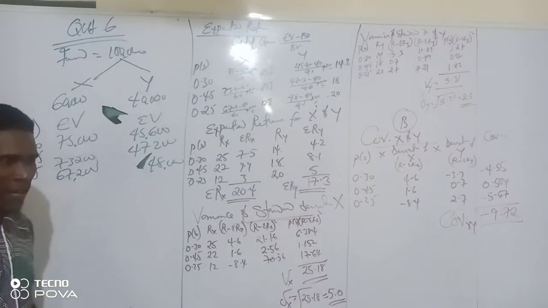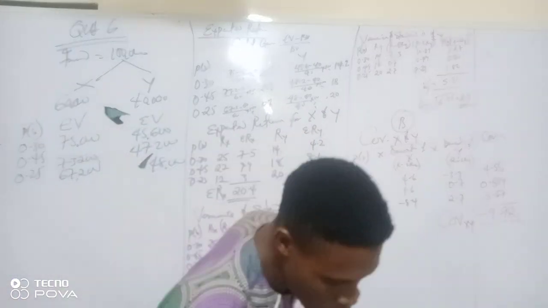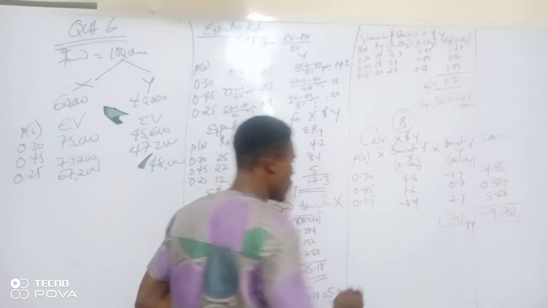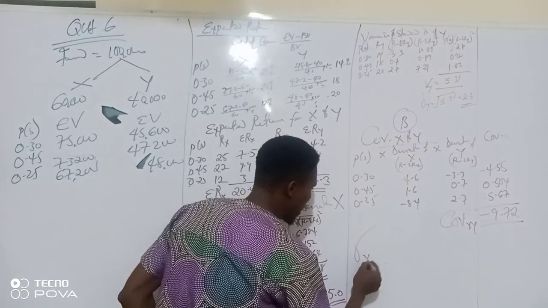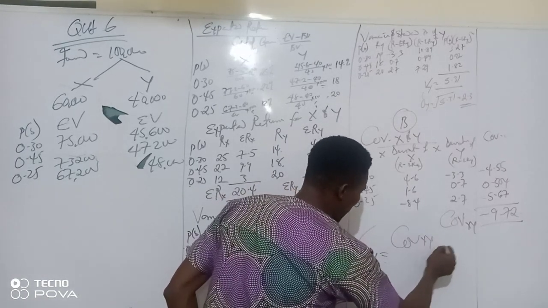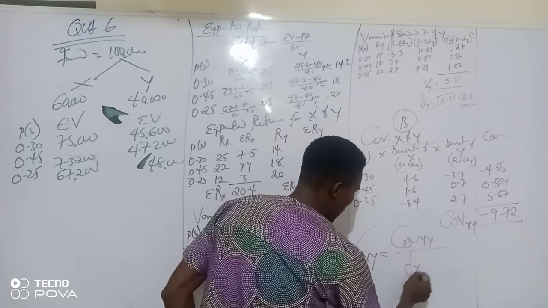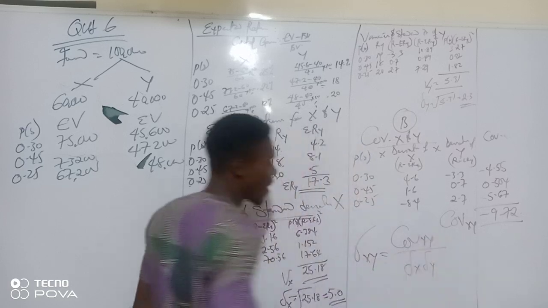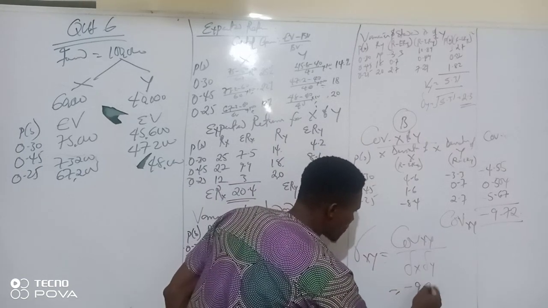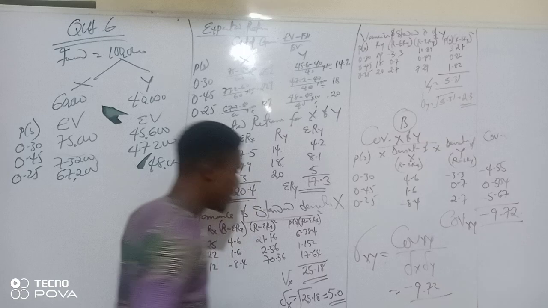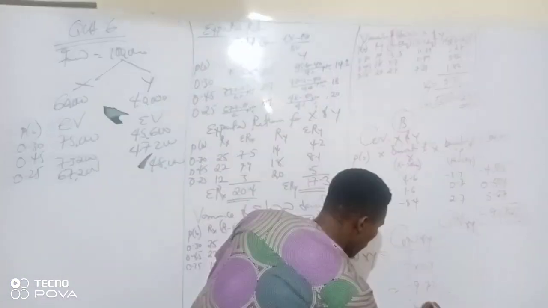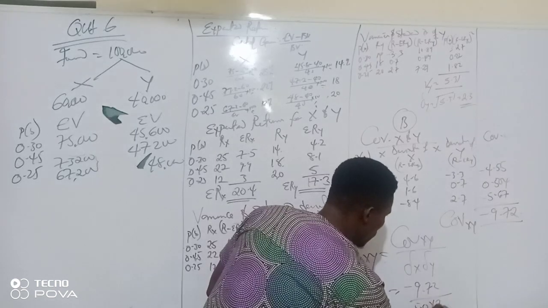So finally, calculate the correlation coefficient. The correlation of X and Y is the covariance of X and Y divided by the standard deviation of X times the standard deviation of Y. Our covariance is minus 9.72, divided by 5.0 times 2.3.